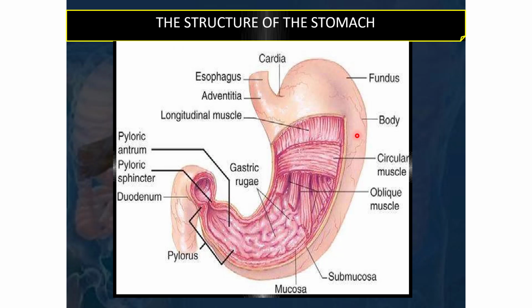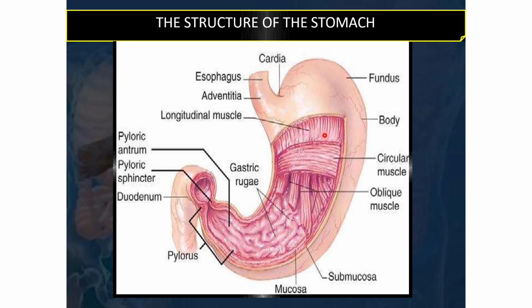Then this whole part is called the body of the stomach. This edge is called the lesser curvature of the stomach, and here we can trace the larger curvature, the greater curvature of the stomach. So the smaller or lesser curvature, and the greater curvature.